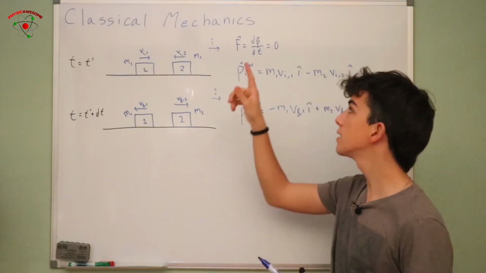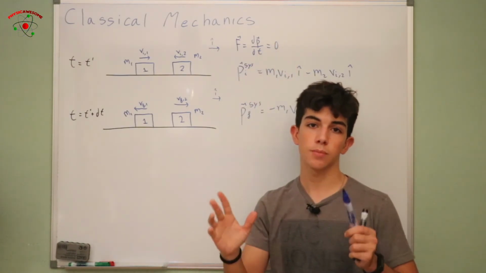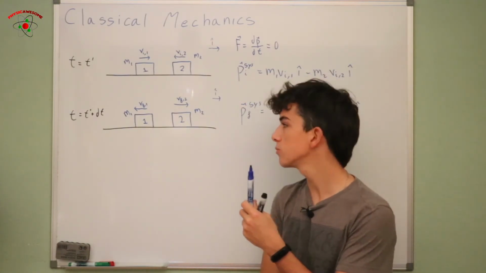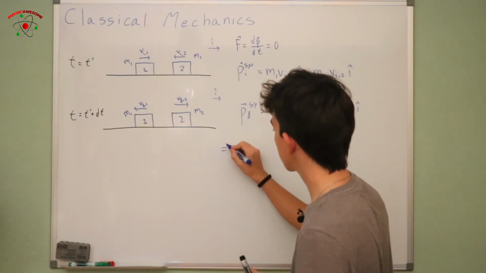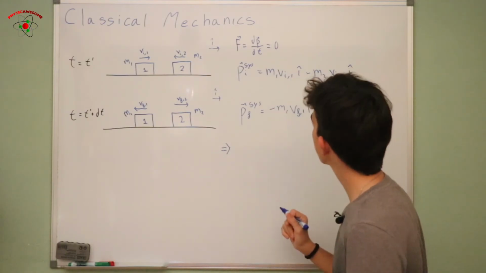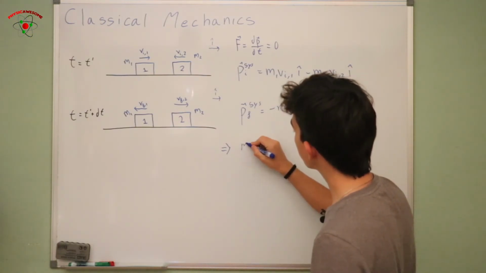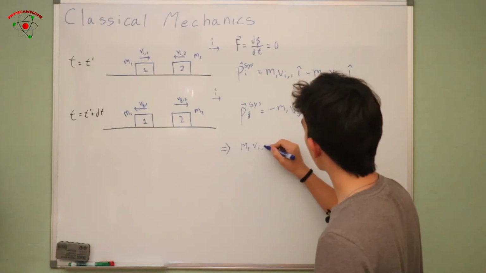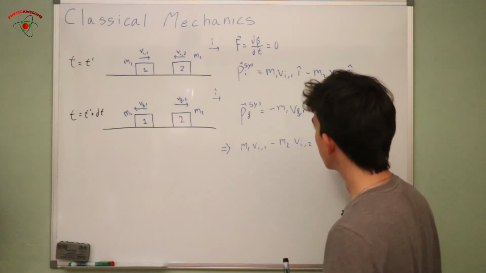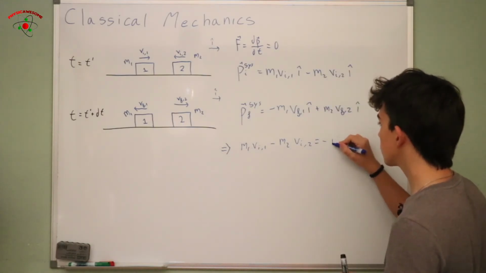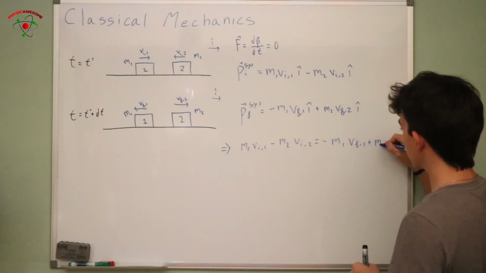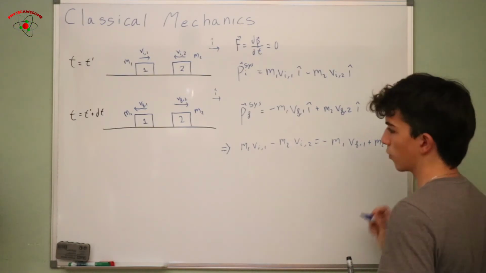Now, as we have said that our momentum is going to keep constant through time, we can equate these two momentums and we get that, and let me drop the vectors as everything is multiplied by the same unit vector. We get m1 vi1 minus m2 vi2 equals minus m1 vf1 plus m2 vf2.